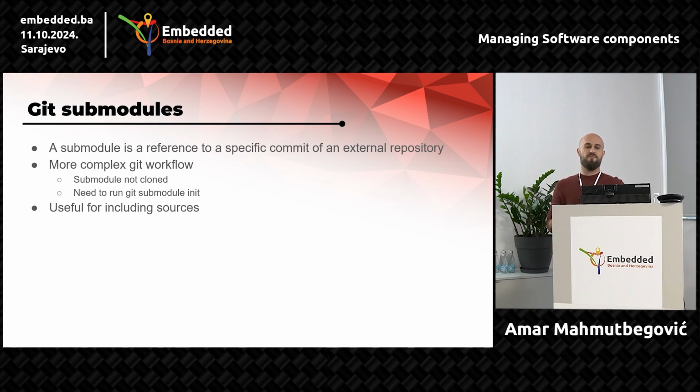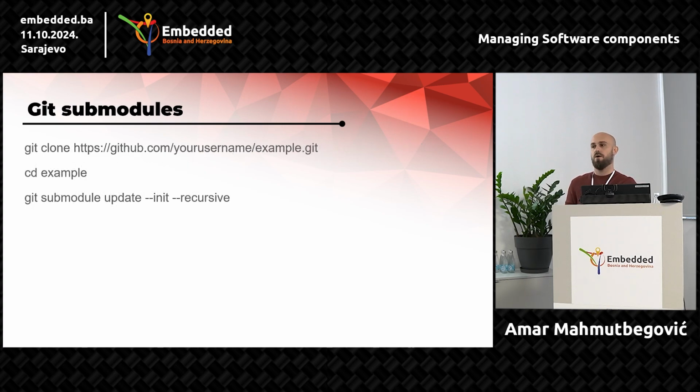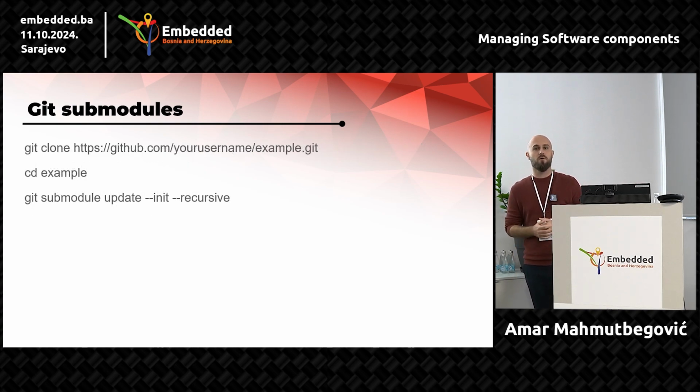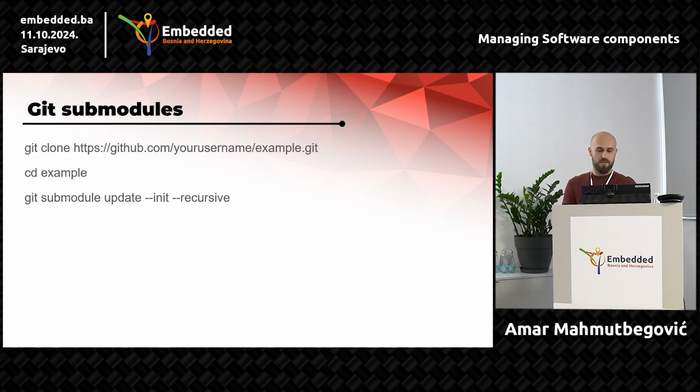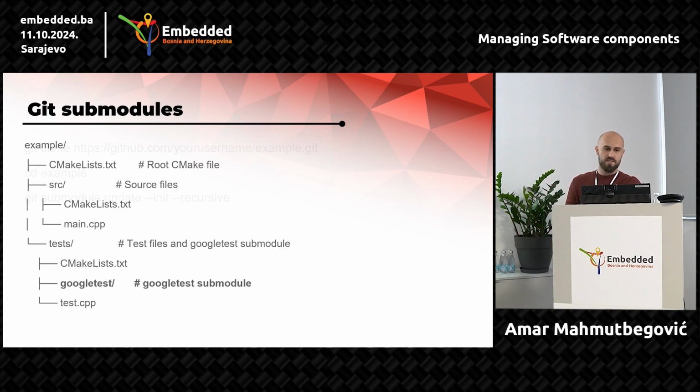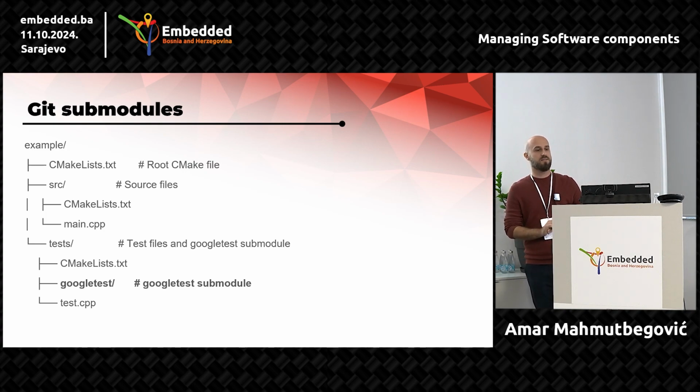A submodule is a reference to a specific commit of an external repository, but this makes the Git workflow more complex, as we need to ensure that when we clone the project, we also clone the submodules. Here's a simple example of using Google Test as a submodule.